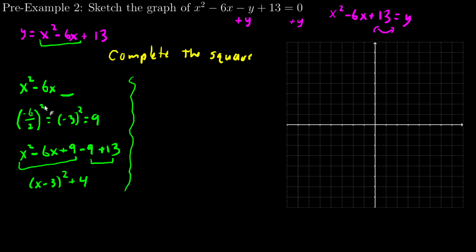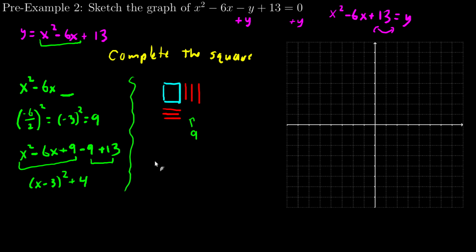Most of my students do it graphically or geometrically, saying, okay, I have a positive x squared, and if I want to make a square, I have negative 6 x's. So in order to make a square, I'll put 3 x's on this side, 3 x's on this side. I notice that I am missing, to make this square, 9 ones.